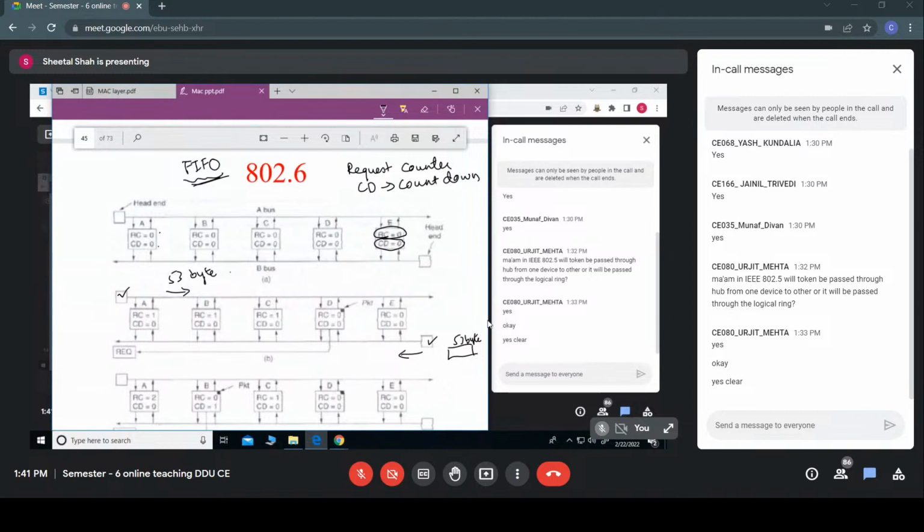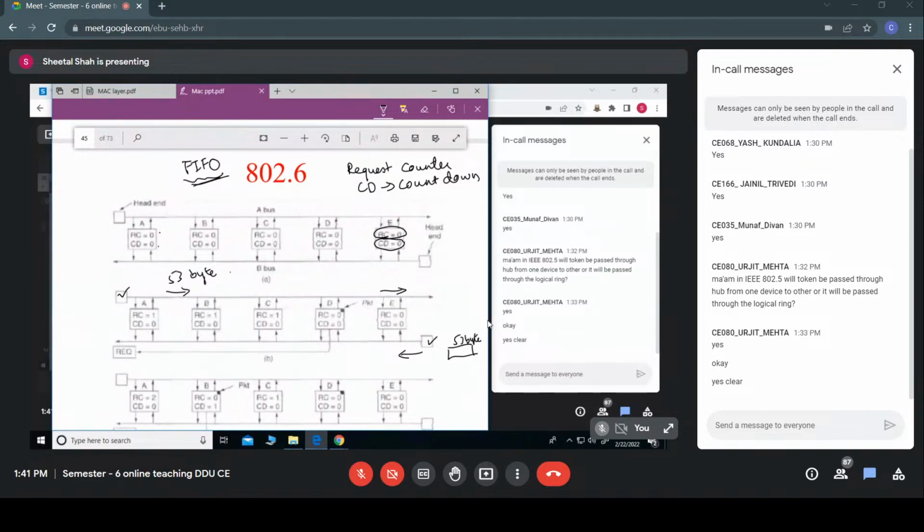Now, since D is ready with certain data and wants to send it onto the bus in this direction, first it has to send a request, set the request bit. So among this 53 byte cell, it would set that particular bit of that particular cell. Are you getting this?